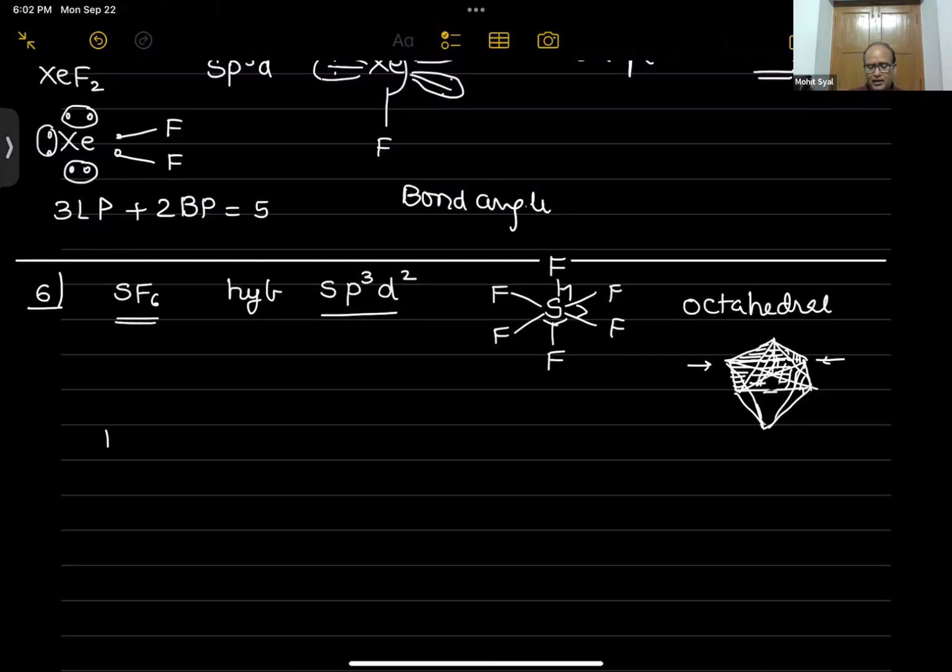Suppose you have one lone pair, like BrF5. So we will try to draw the structure of BrF5. Br has 7 valence electrons.